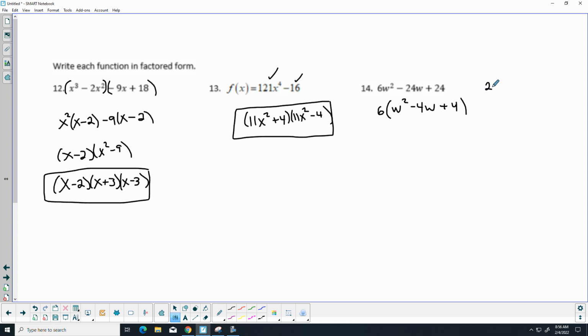Well, 2 plus 2 is going to give me positive 4, and negative 2 plus negative 2 would also give me, I'm sorry, that would give me negative 4. I'm thinking multiplication. So I'm going to go with the negative 2 and negative 2, because when they multiply, they give me positive 4. So 6, w minus 2, w minus 2.